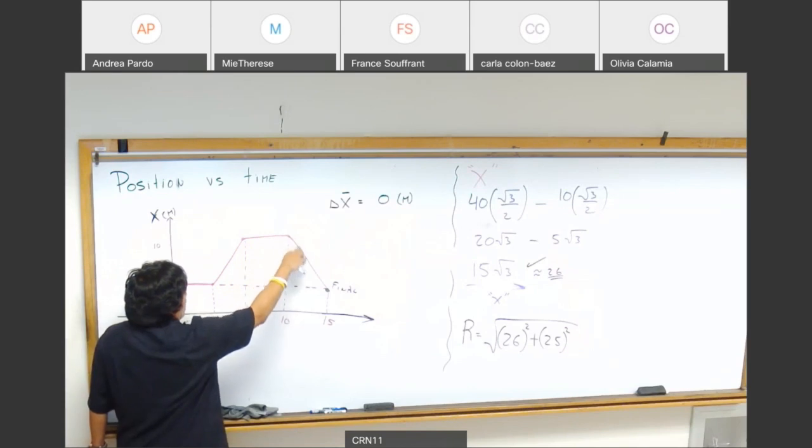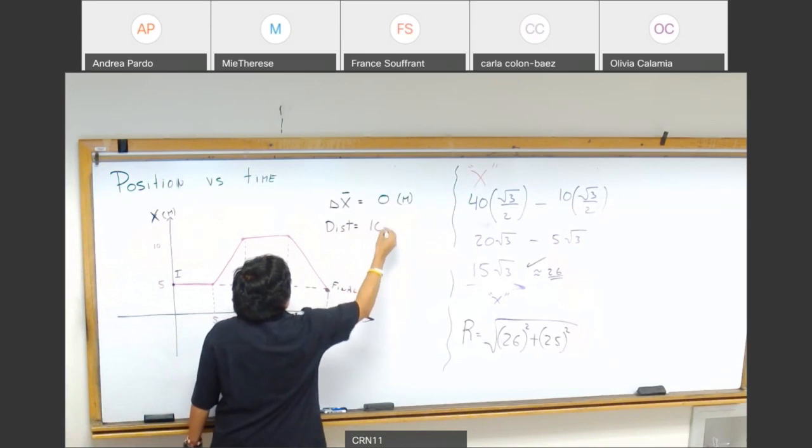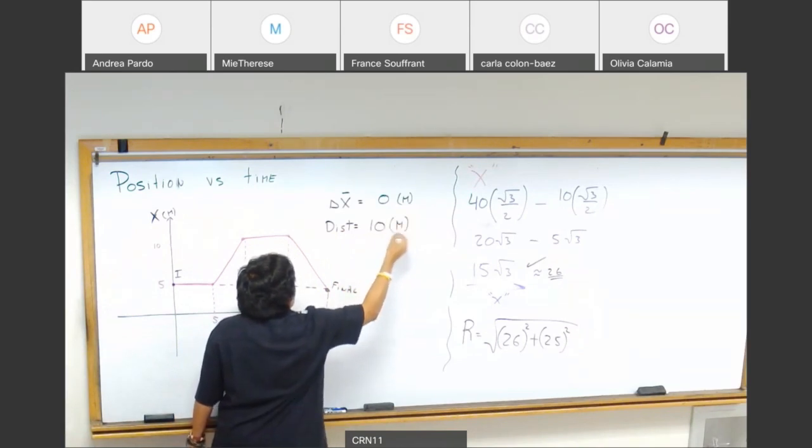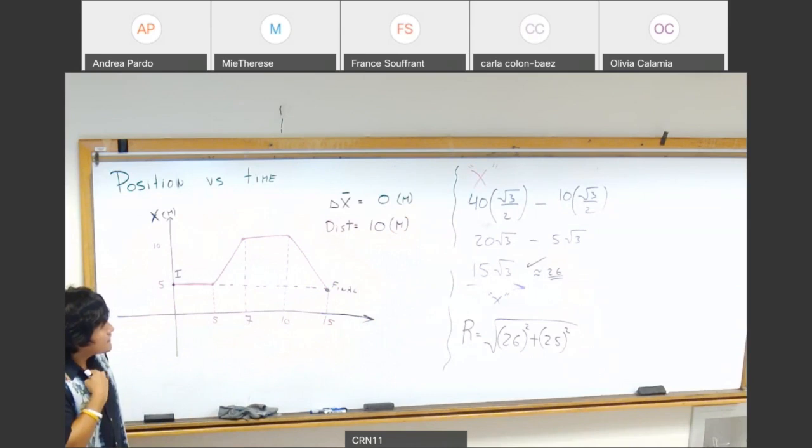I didn't move, and then I moved back 5 meters. So my distance is equal to 10 meters. How about that? Right? So that's a very neat way to explore motion and kinematics.